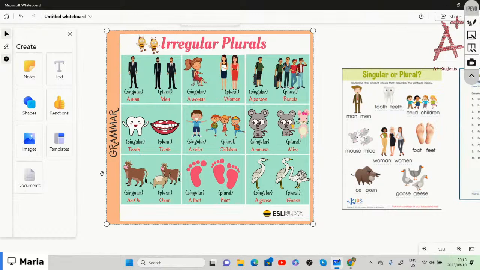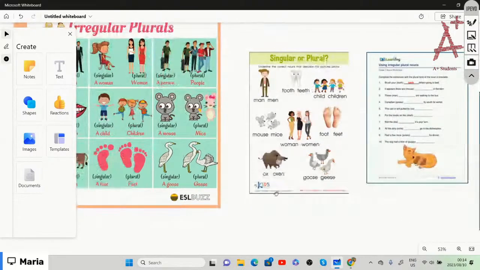So as you can see, there are no rules that we can follow, because the word sometimes changes. You're just going to have to know the irregular plural form of that noun. Another example over here: tooth, teeth, man, men, child, children, foot, feet, woman, women, mouse, mice, ox, oxen, goose, and geese.